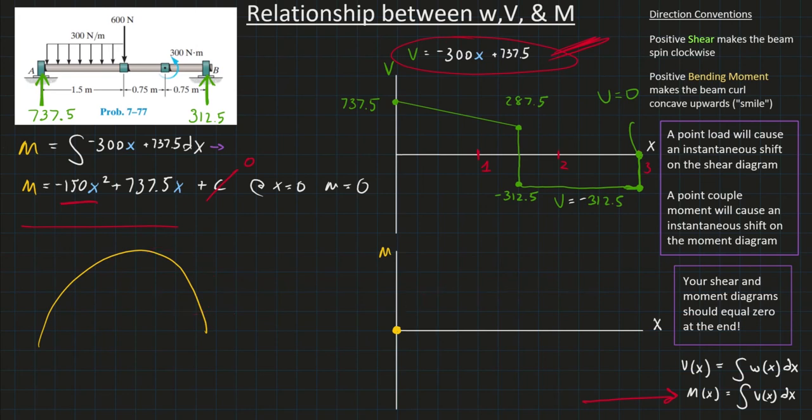So we can do some complicated Calc 1 magic with curve sketching, and the derivative is the rate of change of the original function and all this. But for starters, I just suggest, hey, just put this into the graphing calculator, let it tell you what it looks like, and then just plop it right here. In the example problems that we do, we'll let it get a little more complicated and show you how to generate that graph without using the graphing calculator. But for now, I would just say put that in your graphing calculator and it'll tell you.